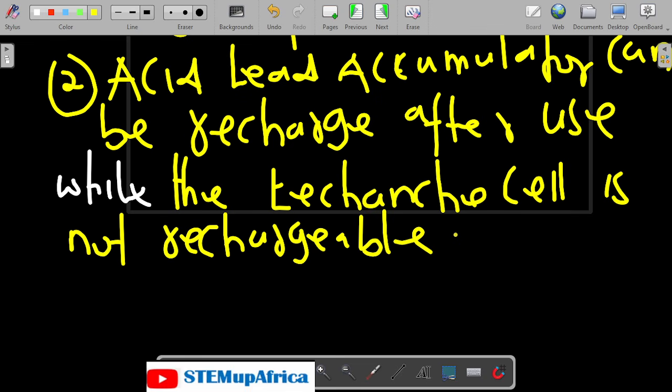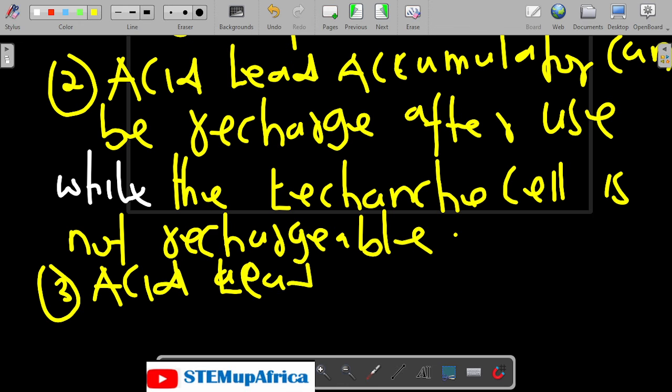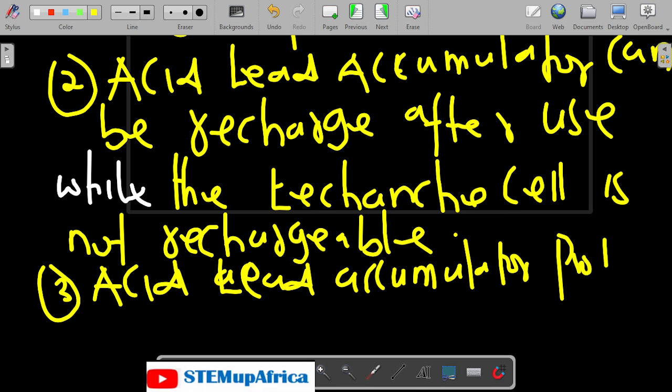Okay, let me make it 3. The acid lead accumulator can be recharged, and that means it can produce a very high current, because anytime you recharge, the current will be high.